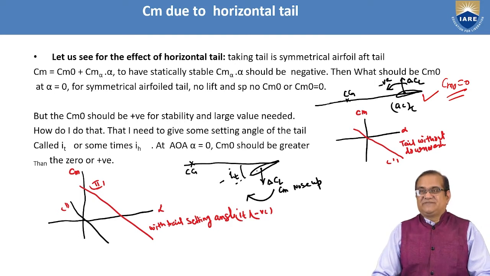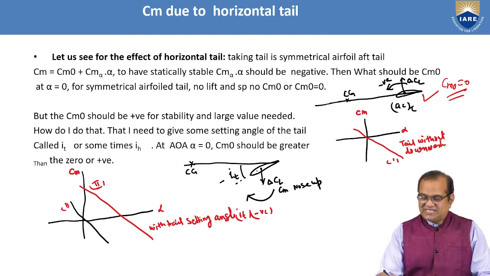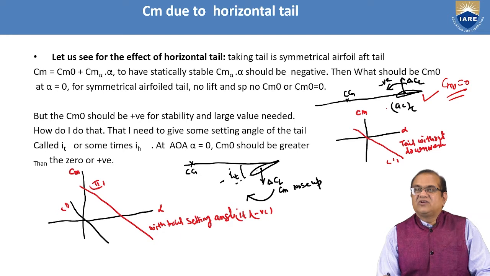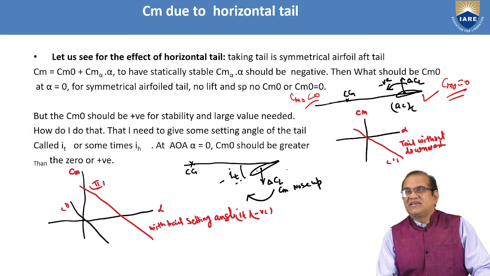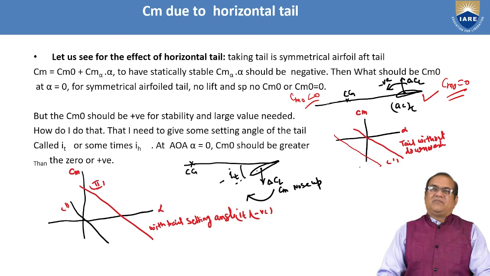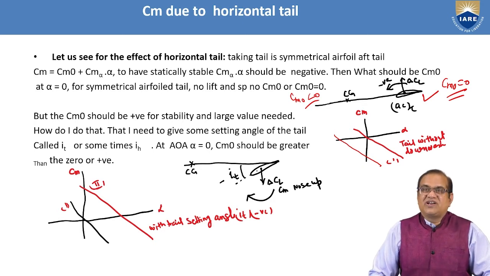So how will we get that? In this case, your Cm naught is also negative. It is like this. Here it is going like this. But the Cm naught should be positive for stability and a large value is needed. How do I do that?